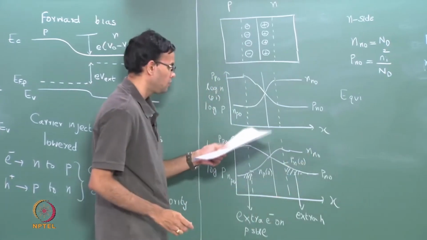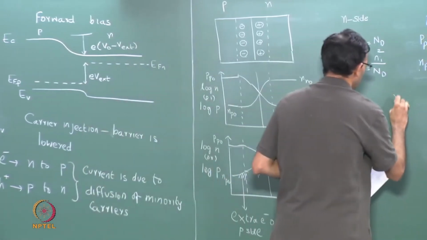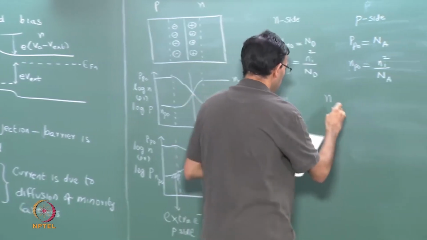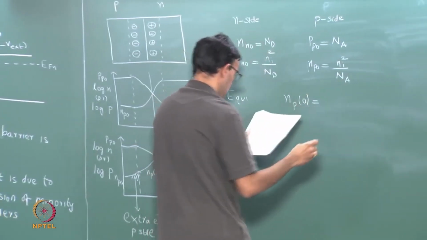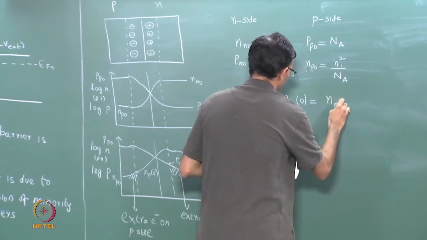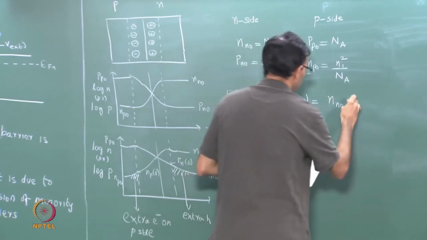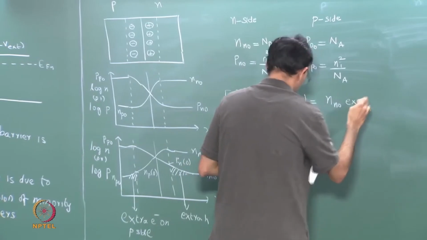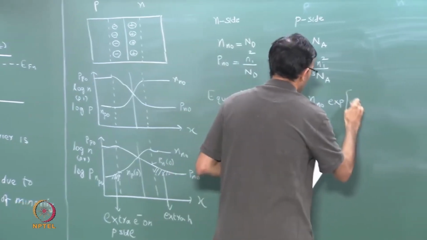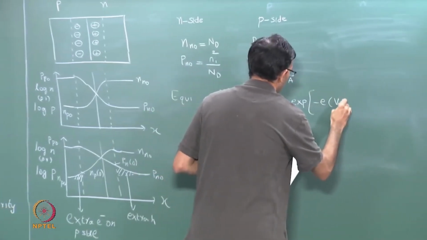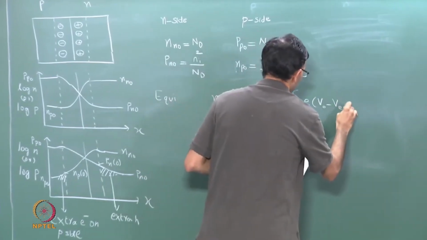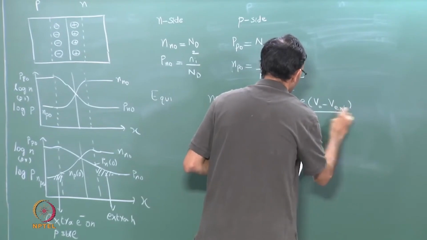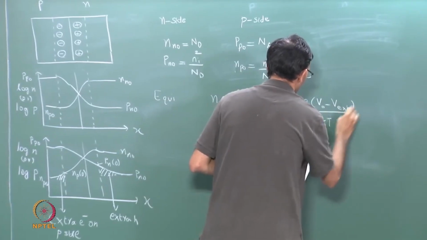You can write an expression for that: n p of 0 = n p naught exponential of minus e (V naught minus V external) over kT.